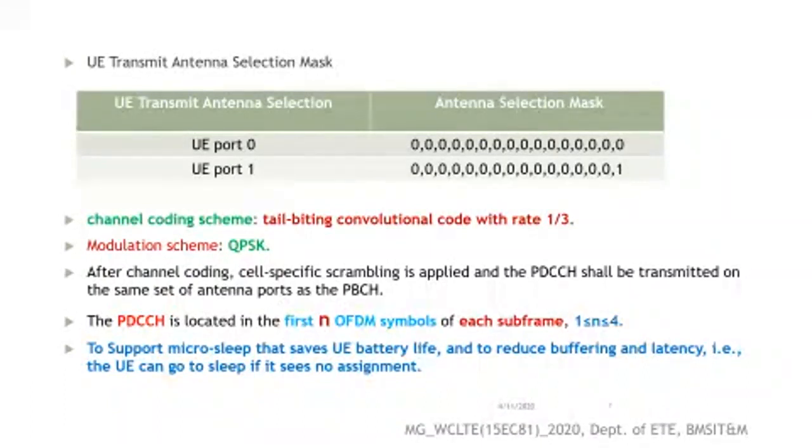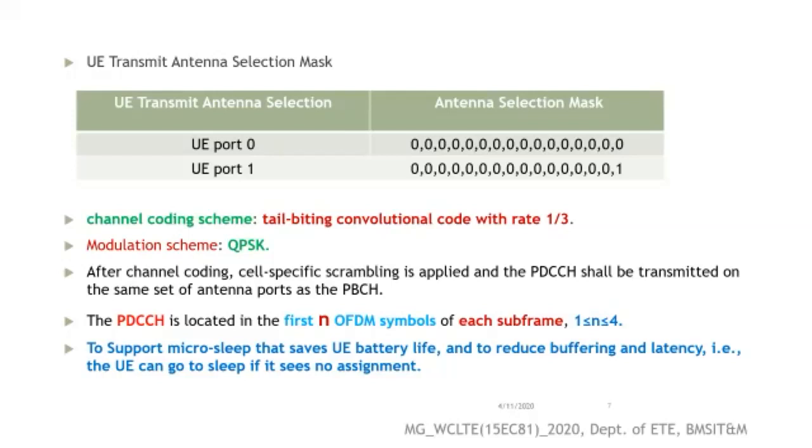As I said, the physical downlink control channel is located in the first n OFDM symbols of each subframe, and I said the value of n can vary from 1 to 4. So that is what is written here. Why is this required? The use of the first few OFDM symbols helps to support micro sleep.